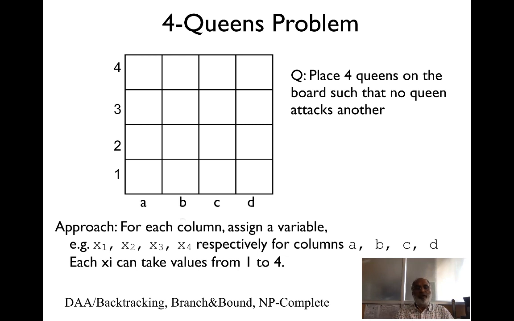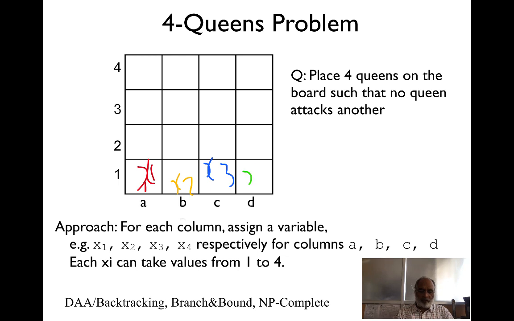What we want to do is, for each column, we define a tuple variable. For column A, we define x1. For column B, we define the tuple variable x2. For column 3, we define x3.